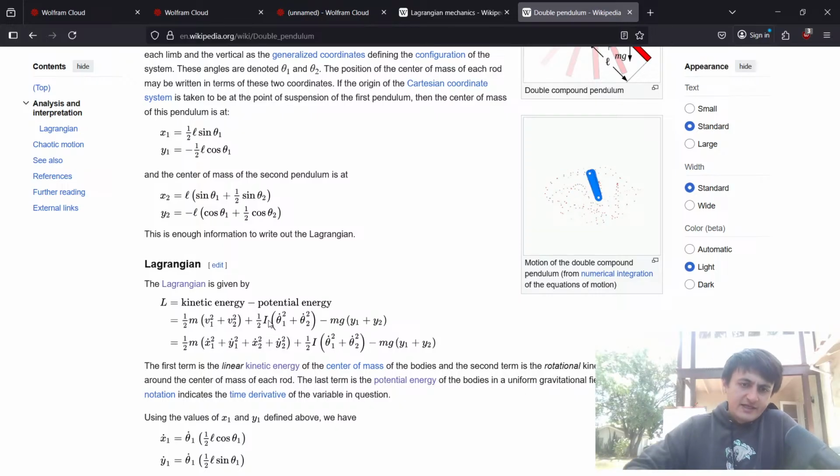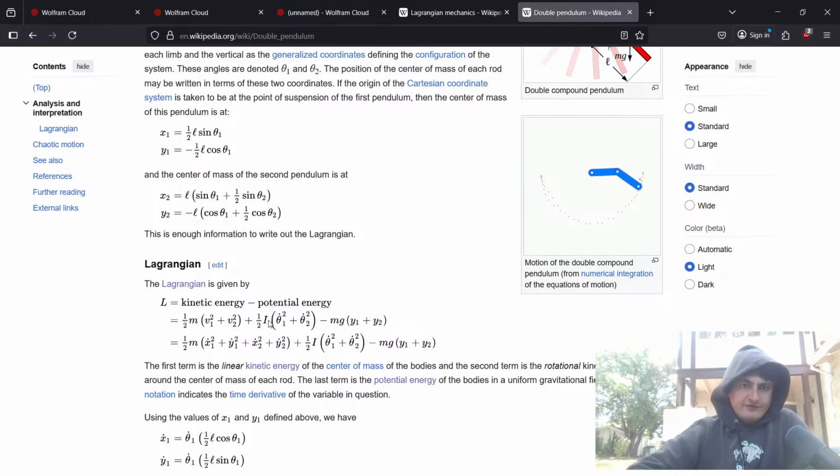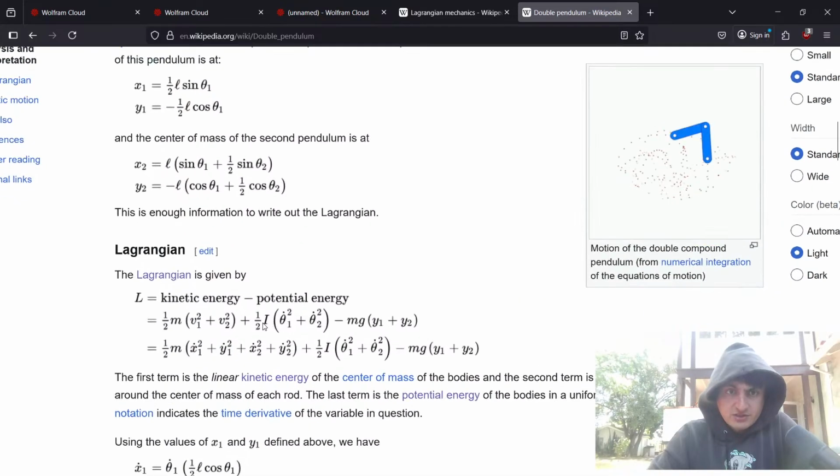Why is it that the kinetic energy would not be just 1/2 mv squared, where v is equal to the sum? Because then you would get 1/2 m1 v1 squared plus 1/2 m2 v2 squared. But it's not. You have plus this I, which is probably the moment of inertia.